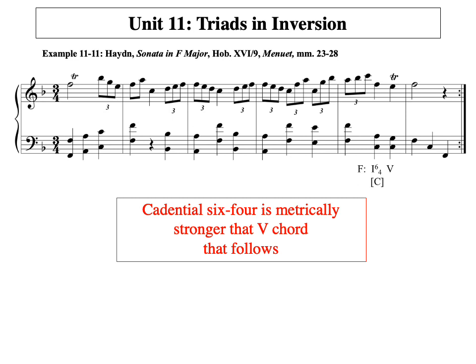So this cadential 6/4 chord comes on beat 2, which isn't that strong, but neither is beat 3. So because of that, the cadential 6/4 chord seems to have more weight than the 5 chord. Cadential 6/4 chords can't be in a weaker place than the 5 chord that comes after them.